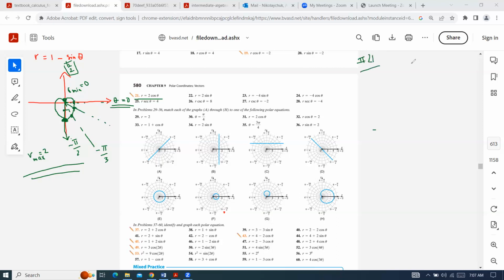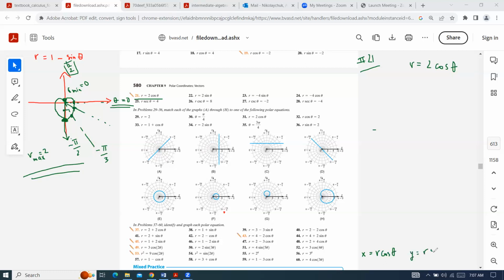It says r is equal to 2 cosine theta. So the way we do these conversions is we use two formulas. We know that x is equal to r cosine theta, we already used it today, and its friend y is r times sine theta.